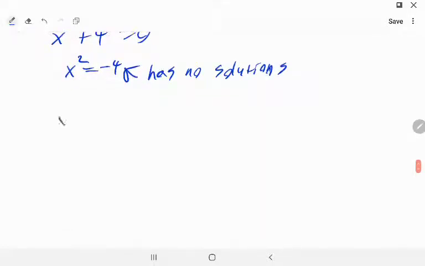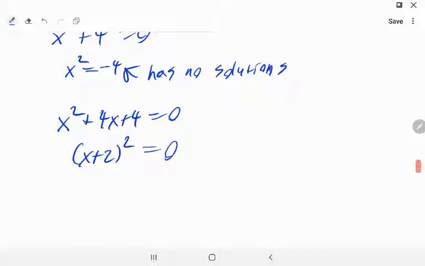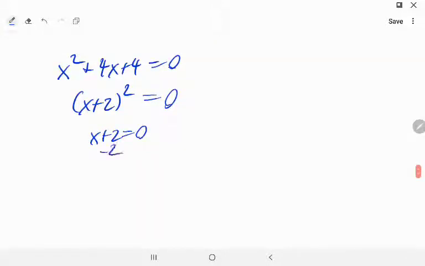And if we had something like x squared plus 4x plus 4 equals 0, that's a perfect square trinomial. We get x plus 2 quantity squared equals 0, and so we get x plus 2 equals 0 or x plus 2 equals 0. We can subtract 2, x equals negative 2, and so this one has only one solution.